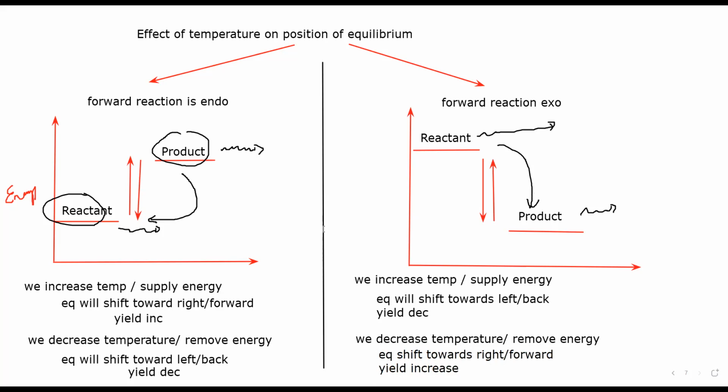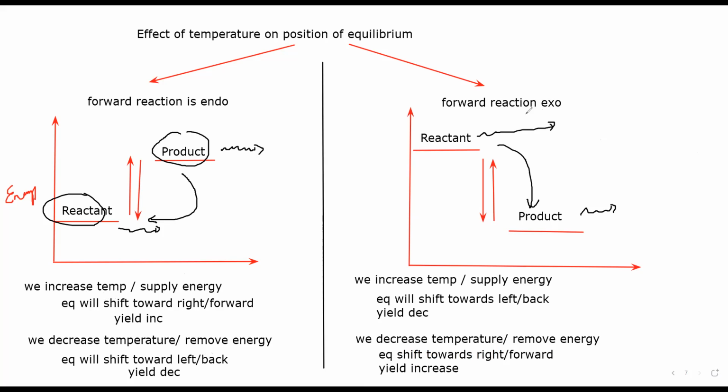So this is the effect of temperature on a reversible reaction, but you have to check whether the reversible reaction is endothermic or exothermic. If a reversible reaction is endothermic and we increase the temperature, it will shift towards the right hand side. If we decrease the temperature, it will shift towards the left.